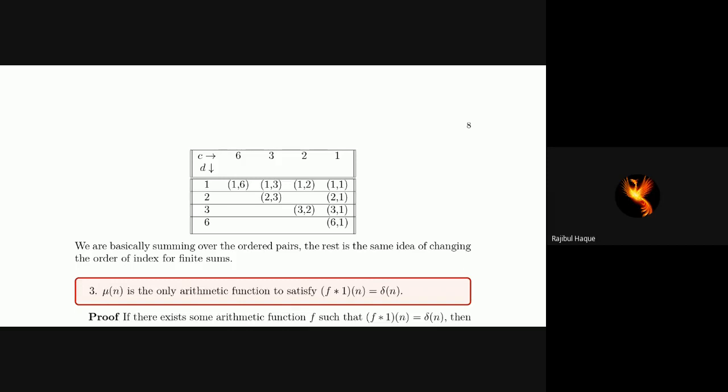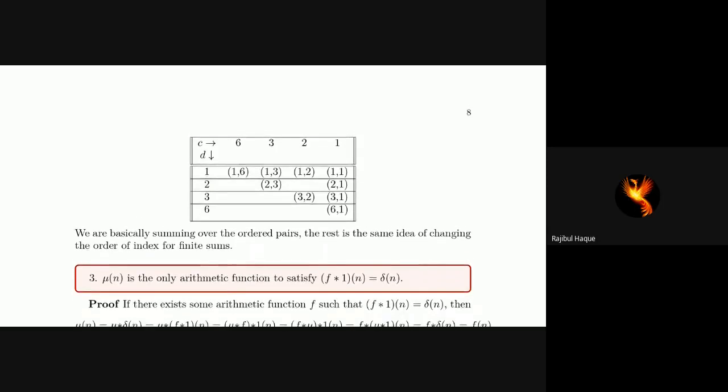Look, 1 and 6 is a pair, and if we multiply them, which gives us 6, it divides 6, right? Again we look at another pair, 2 and 3. If we multiply them, we get 6, which divides 6. If we consider the pair 2 and 1, multiplying them gives us 2, which divides 6. So for all d dash dividing n, that is for all the pairs whose product divides 6, we can consider the vice versa parts.